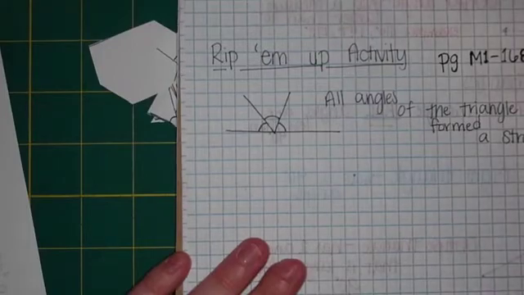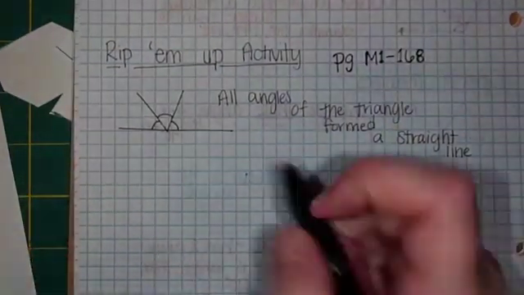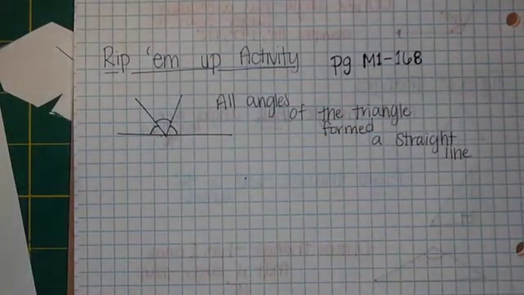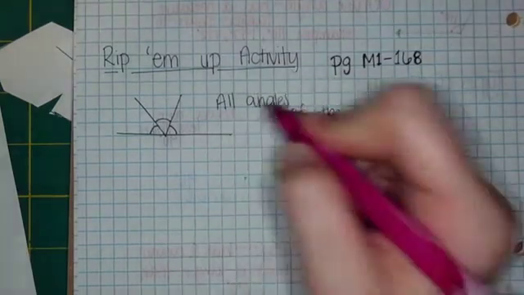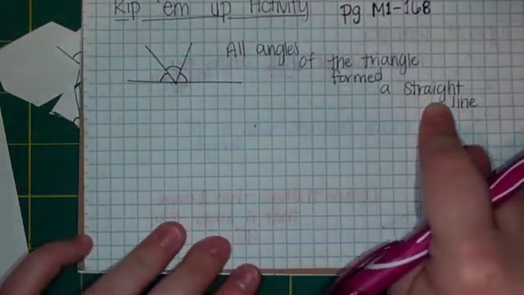And again, you don't have to do what I just did. I just wanted to show it to you. If you want to actually get the paper and cut those triangles, you can. This is just so that you know where this next thing comes from. So all angles of the triangle form a straight line.